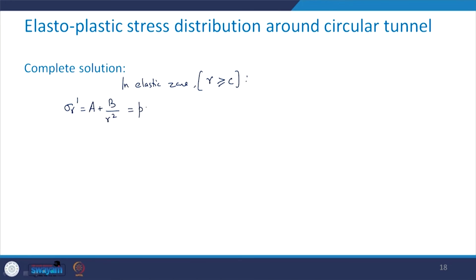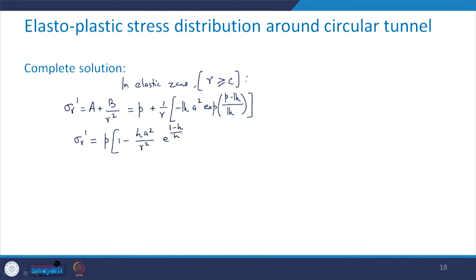A we obtained as P, and substitute the expression for B you got just now, minus kappa A square exponential of P minus kappa divided by kappa, and from here you will get this sigma r prime as P into 1 minus h A square upon R square e to the power 1 minus h upon h.